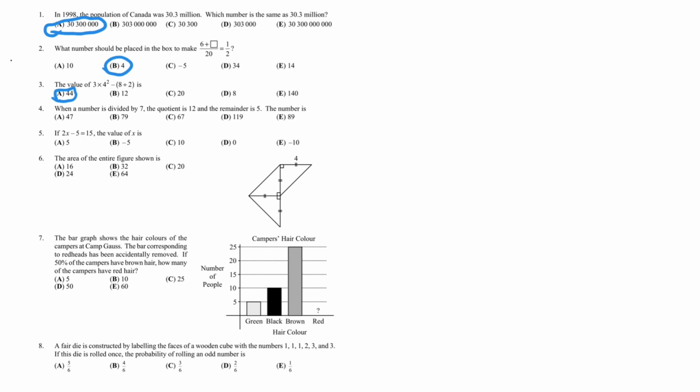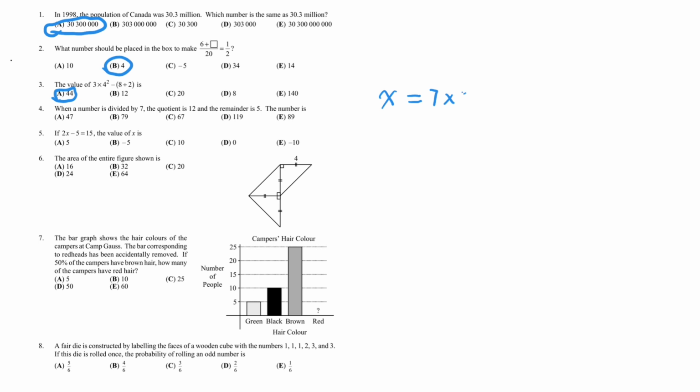Number 4, when a number is divided by 7, the quotient is 12 and the remainder is 5. The number is... So divided by 7, quotient 12, that means we use the quotient times the divisor.